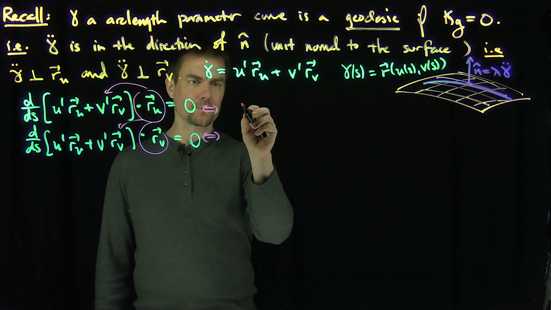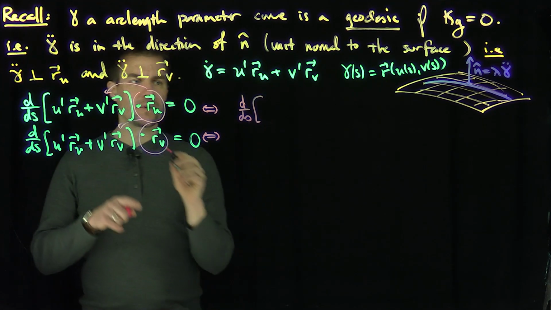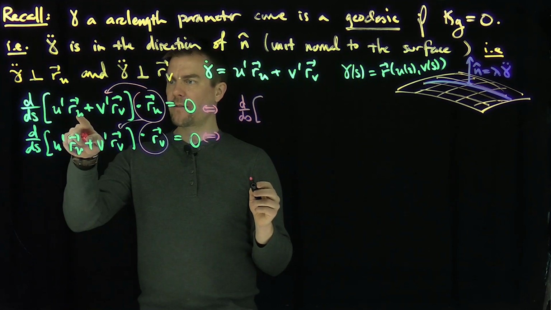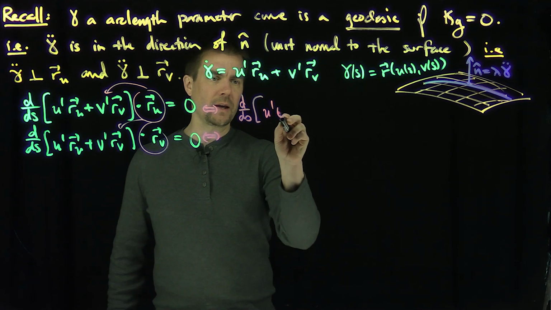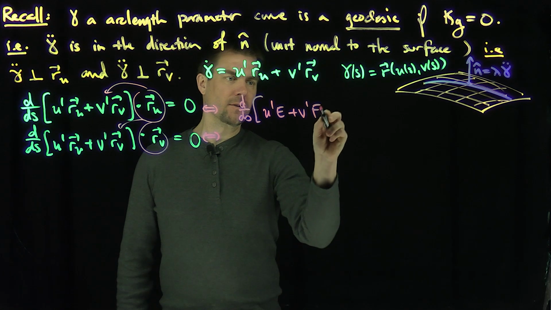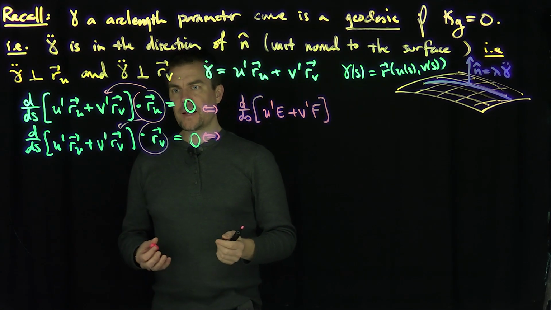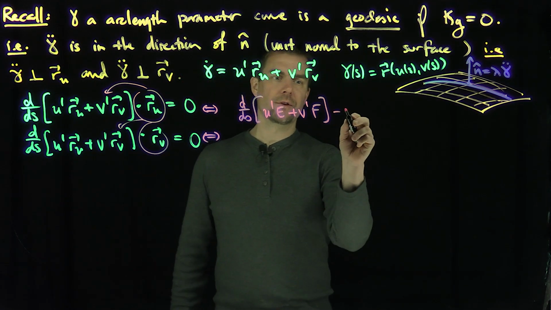They tell me that d by ds of, I'll put the ru on the inside, so I have ru dot ru, so it's going to be u prime E, and then a v prime F, for the first fundamental form. And then what have I done there? Now I've put that on the inside, so I have to compensate by subtracting off the terms in the product rule.